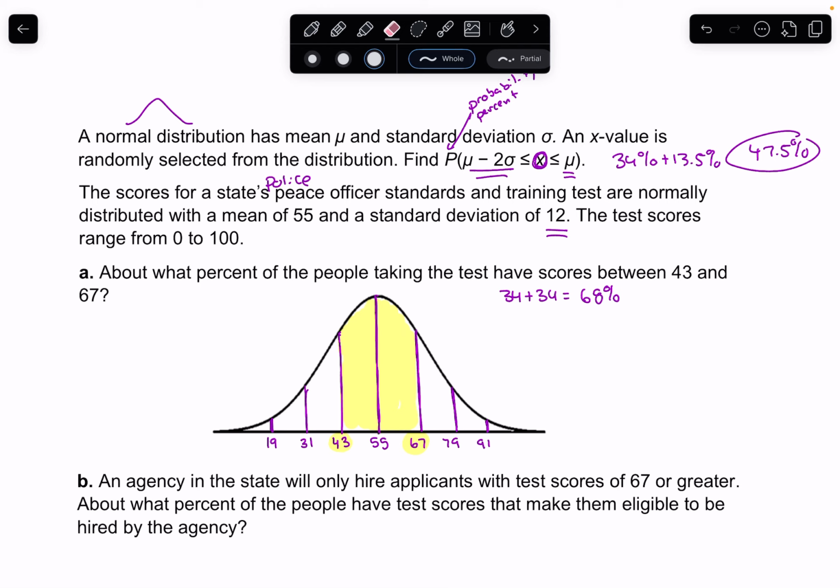I don't know. Now, an agency in the state will only, I'm reading this example here, it will only hire applicants with a test score 67 or higher. What percent fit that? Okay, so a score of 67 is right there. And it wants that score or higher. So it wants me to add everything above 67, which is everything to the right of that section.